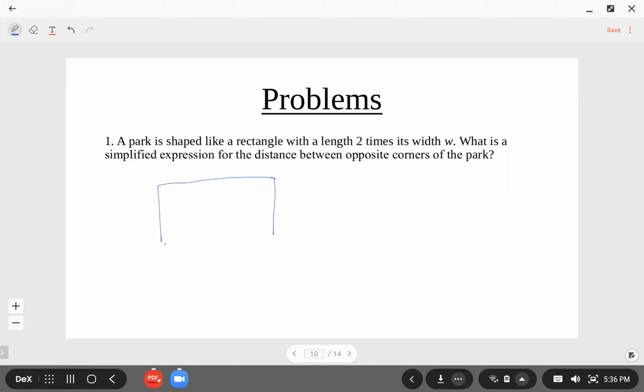Shaped like a rectangle, right? 2 times a length, 2 times its width. So the distance between the opposite corners of the park, the diagonal.